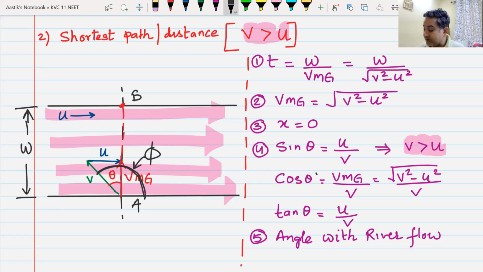What is the angle with the river flow? Phi. That will be equal to 90 plus theta. Do we understand this?